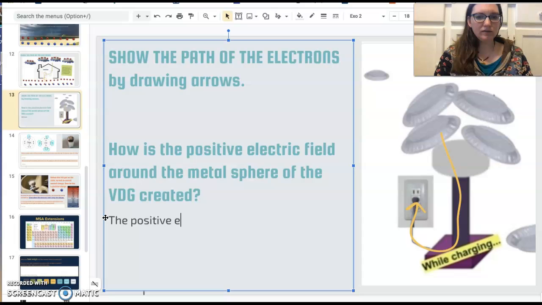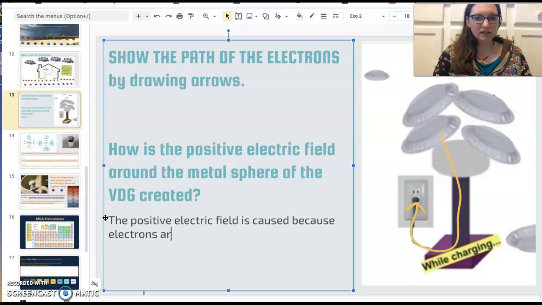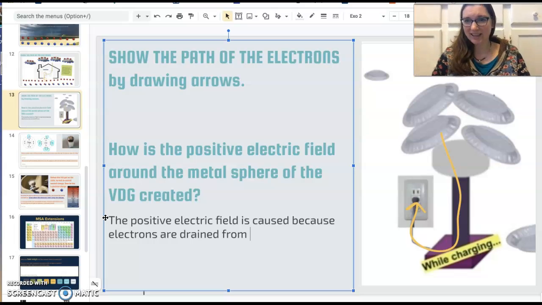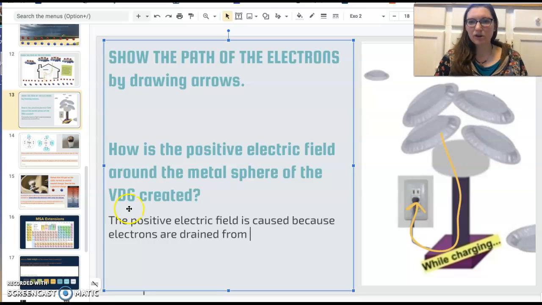The positive electric field is caused because electrons are drained from the metal sphere, and that's what the rubber band does. It spins, and remember there's a comb up here and a comb down there, and they pull electrons from the metal sphere.